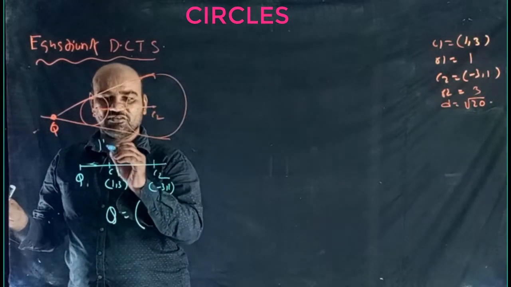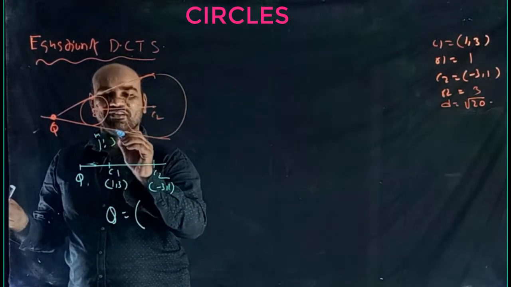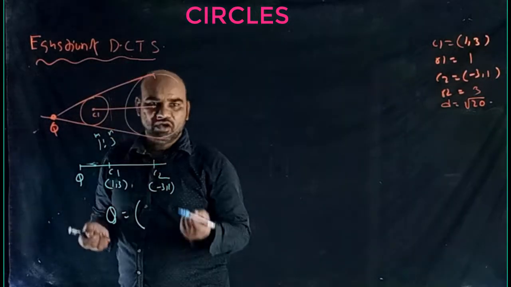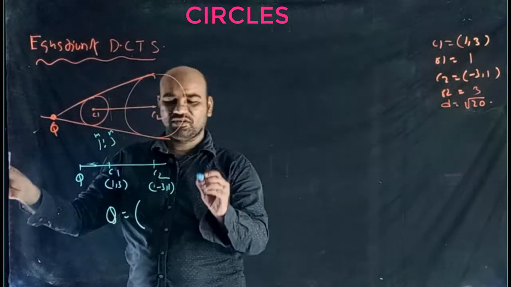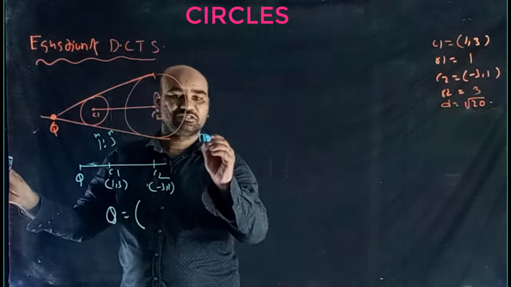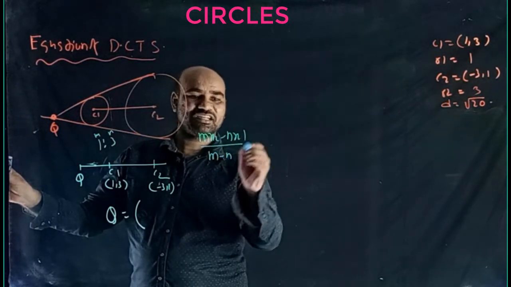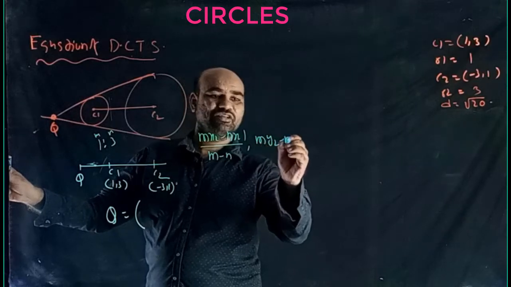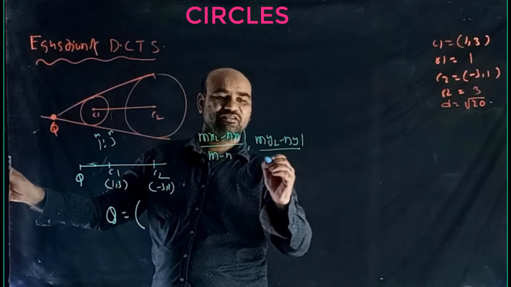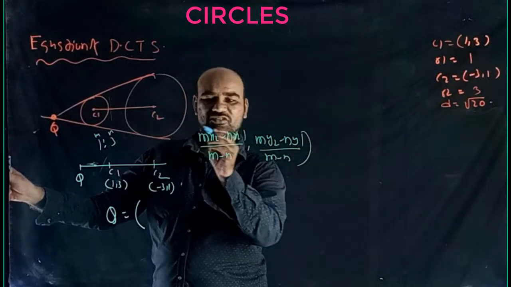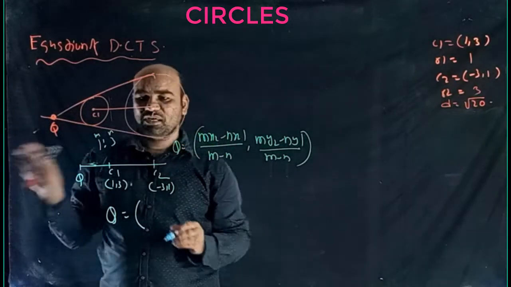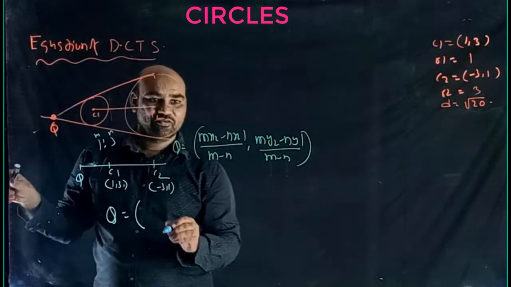The ratio is 1 is to 3, where m stands for 1 and n stands for 3. You already know the external division formula: (mx2 minus nx1)/(m minus n), comma, (my2 minus ny1)/(m minus n). In this way you can find the coordinates of Q, where m stands for 1 and n stands for 3.